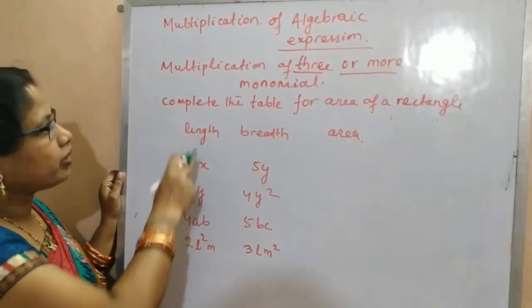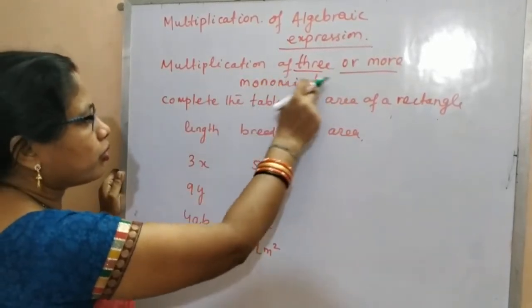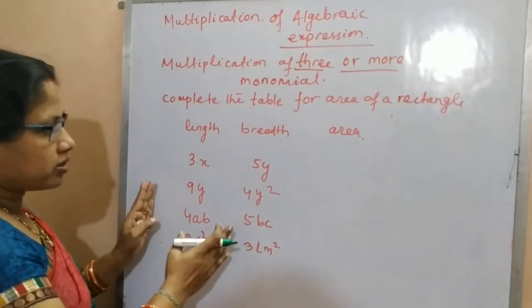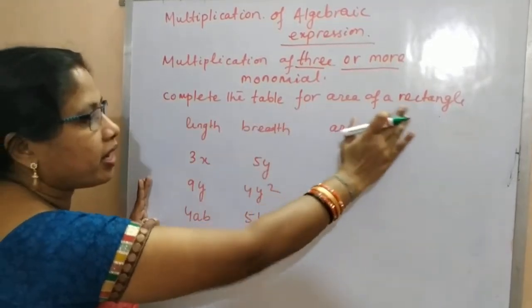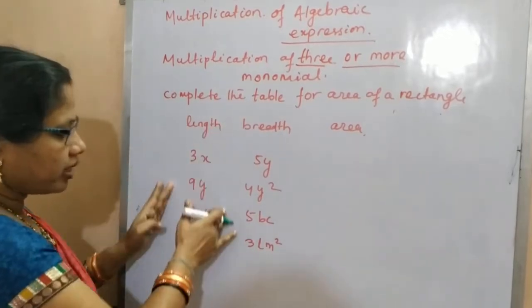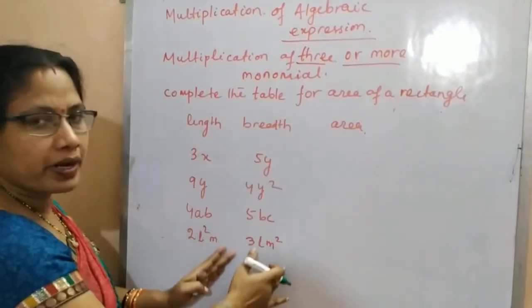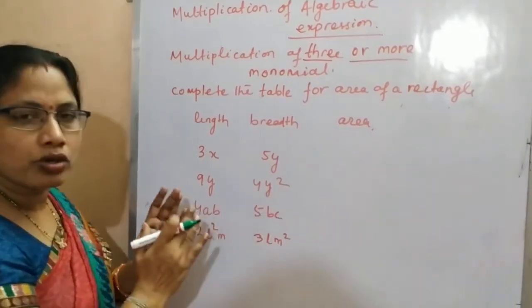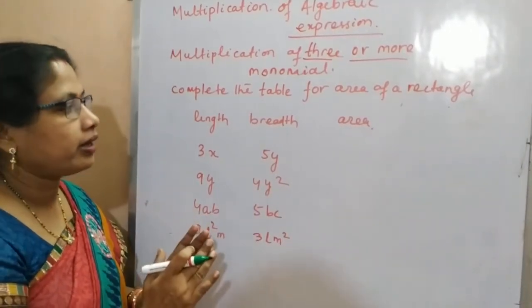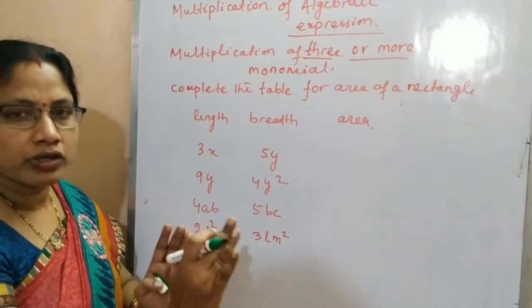Under this category, multiplication of 3 or more monomials, first we have to complete this table. Complete the table for area of a rectangle. These are the lengths of the rectangle and these are the breadths of the rectangle. Then we have to find the area. We know the formula for area of a rectangle, that is length multiplied with breadth.